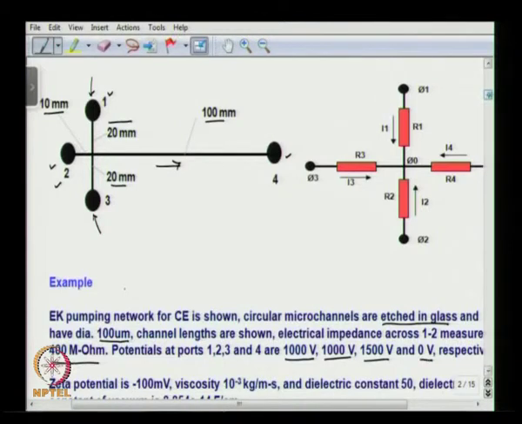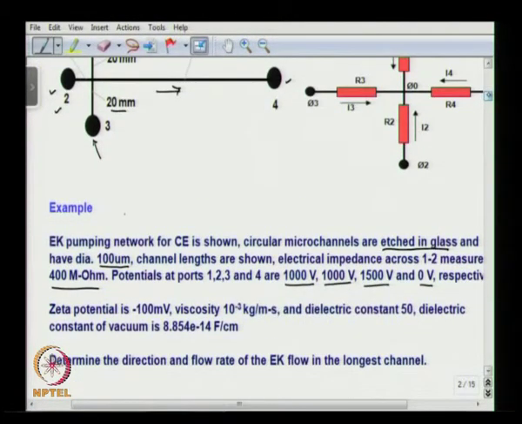The zeta potential of the channel material is given as minus 100 millivolt, and the viscosity is 0.001 kg per meter second. The dielectric constant is 50, and the permittivity of vacuum is 8.854 into 10 to the minus 14 Farad per centimeter.